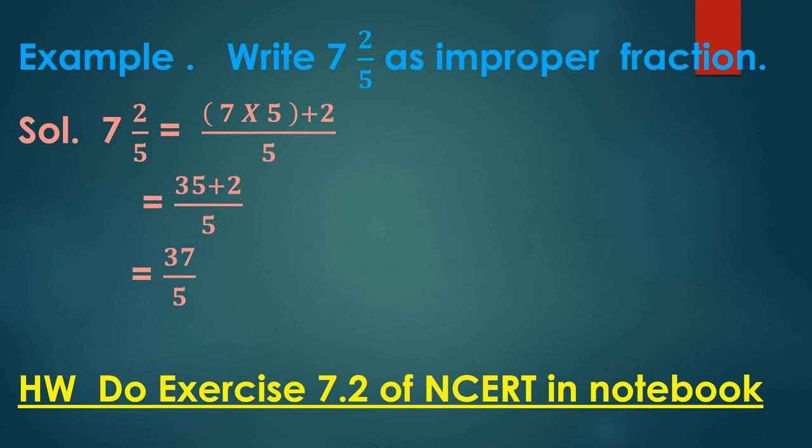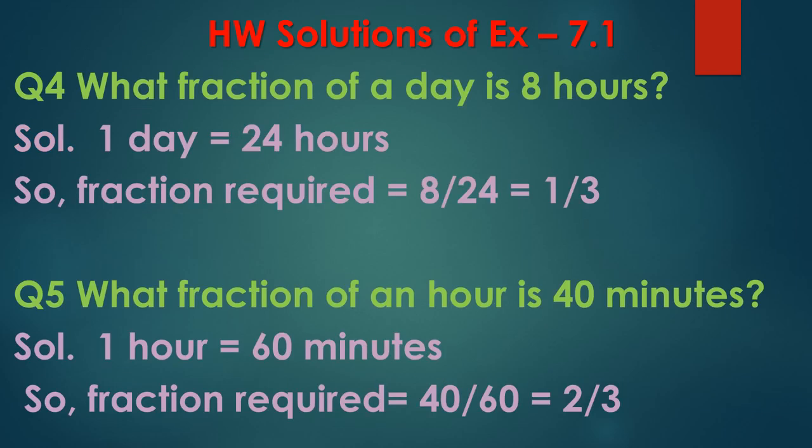And the formula is: mixed fraction equals quotient as the whole part, or we can say natural number part, and remainder upon denominator as a proper fraction. Then we have learned how to convert a mixed fraction into an improper one by multiplying the natural number part by the denominator, and to this product we add the numerator, divided by denominator.